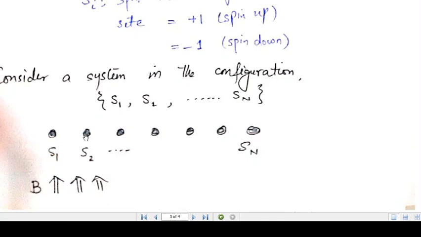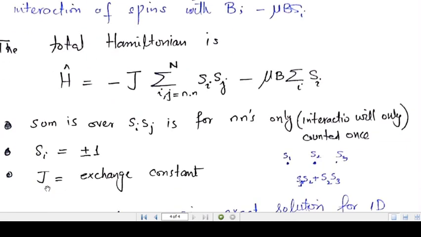Since we are going to write the Hamiltonian of the system, there are two kinds of energies involved. The first one is the interaction energy between the neighboring spins, since we are only considering the interaction of the neighbors, plus there will be a potential energy term which comes into the picture whenever there is an applied magnetic field.